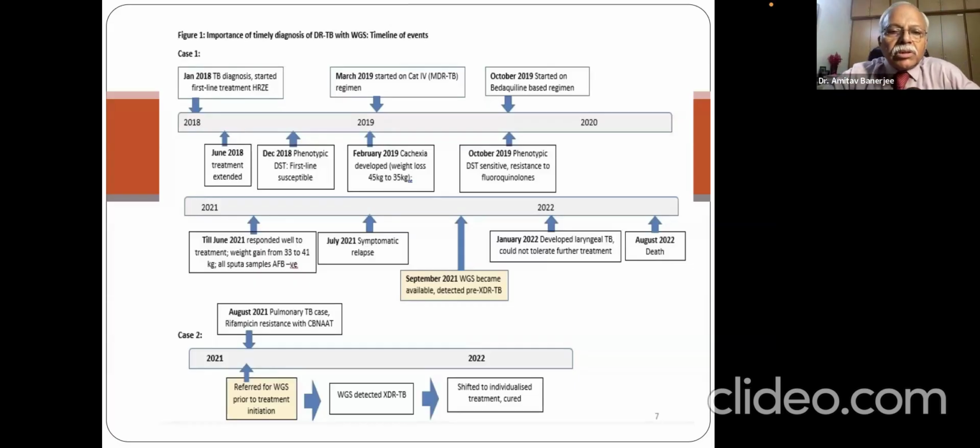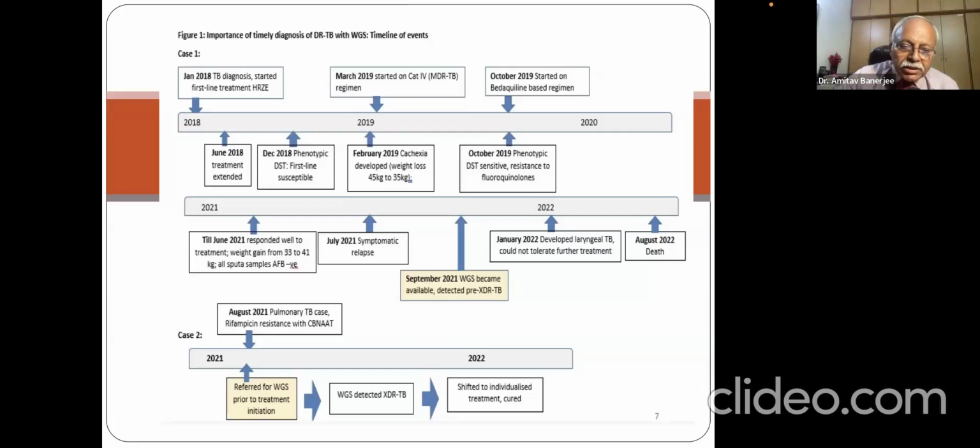I have already given the sequence. It is just the failure to detect. And by the time, in the top case, you see the long chain of trial and error in between, starting bedaquiline, and then by the time one lung is gone and the patient succumbs.